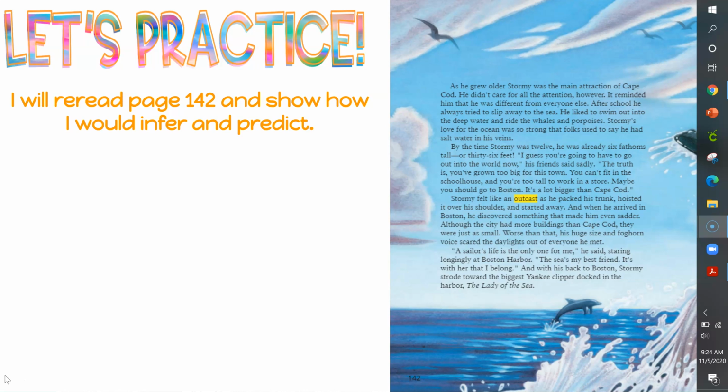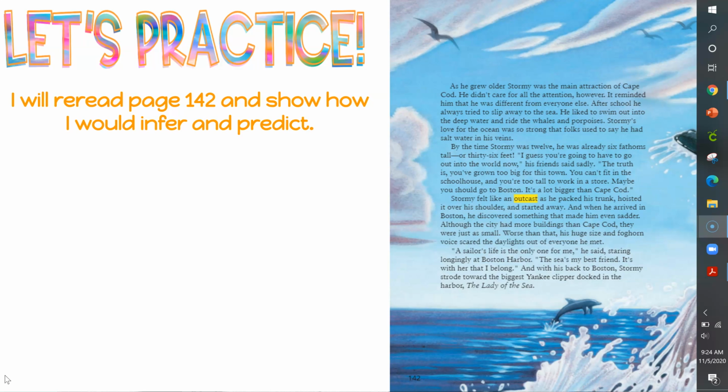As he packed his trunk, hoisted it over his shoulder, and started away. And when he arrived in Boston, he discovered something that made him even sadder. Although the city had more buildings than Cape Cod, they were just as small. Worse than that, his huge size and foghorn voice scared the daylights out of everyone he met.